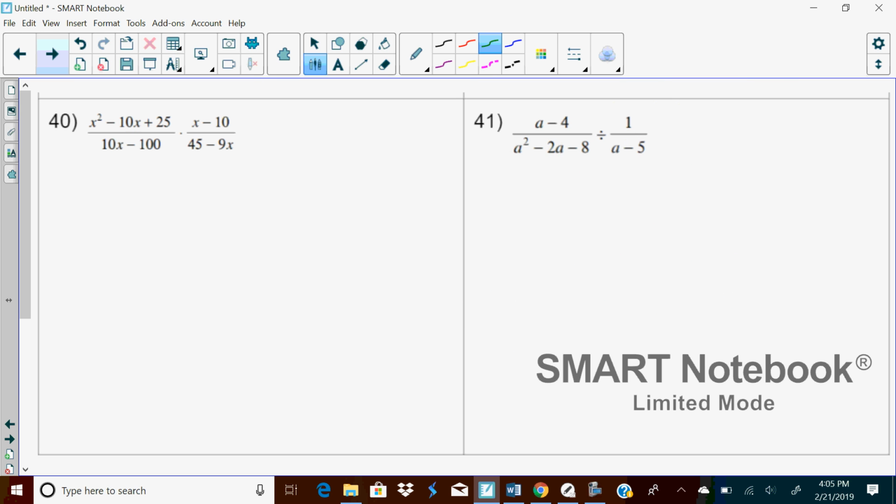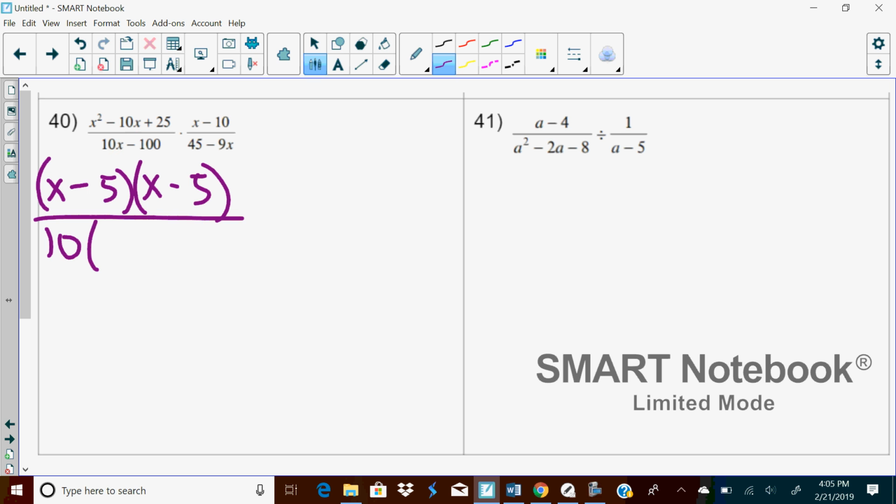Problem 40, it is a multiplication problem. So the first thing I'm going to do is factor. So the top factors to x minus 5, x minus 5. The bottom I can pull a 10 out of to get x minus 10 times x minus 10. So the bottom of the next one's a little tricky because it's got a negative in it.